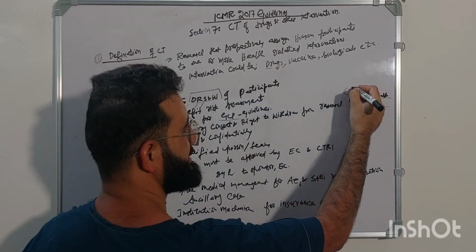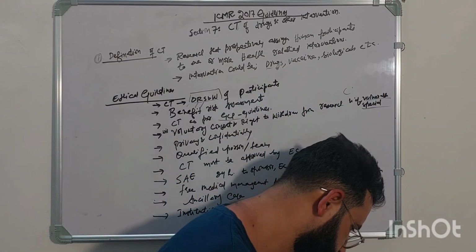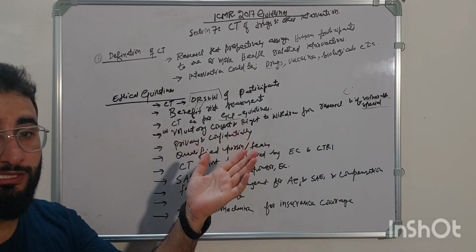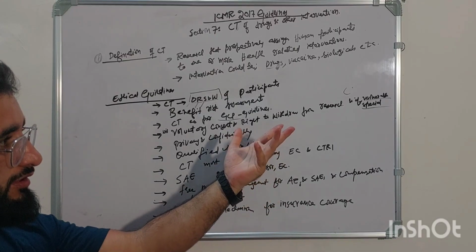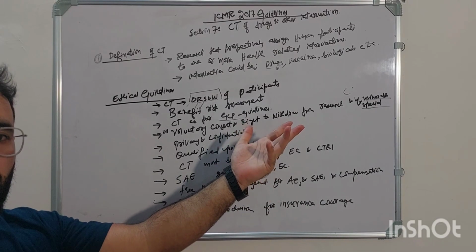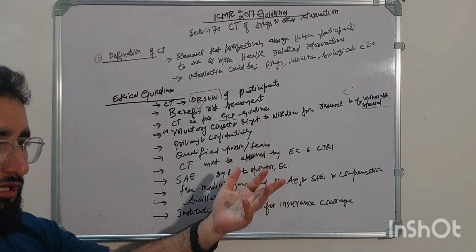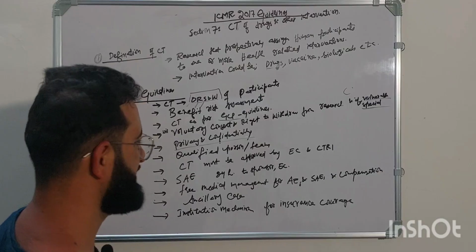We need to take consent from their guardians, like in the case of a child, we need to take consent from the parents. And privacy and confidentiality.